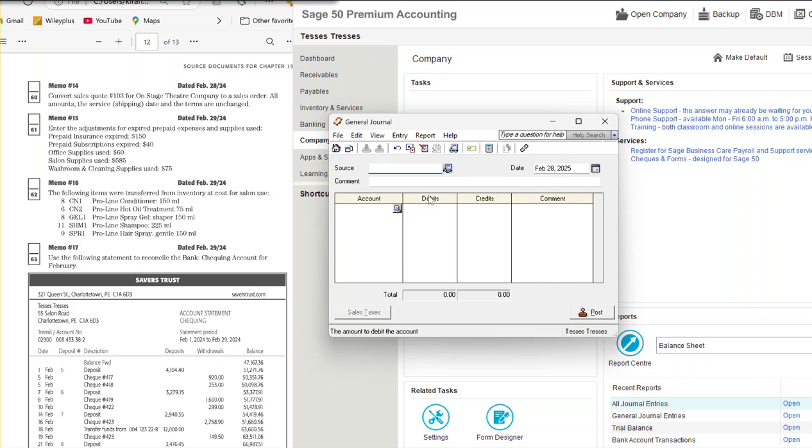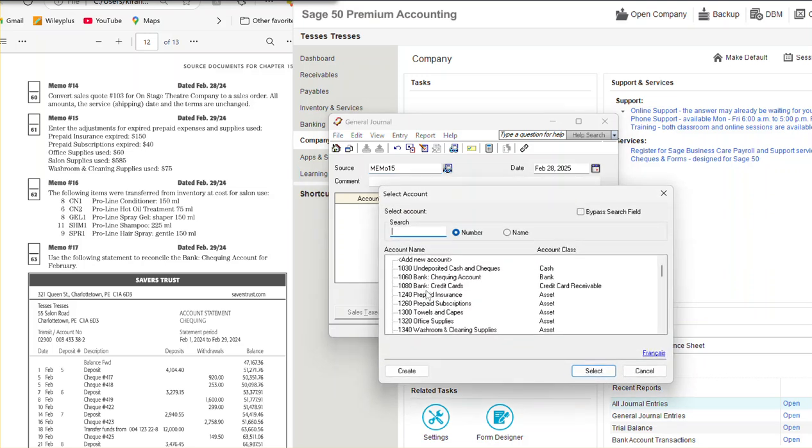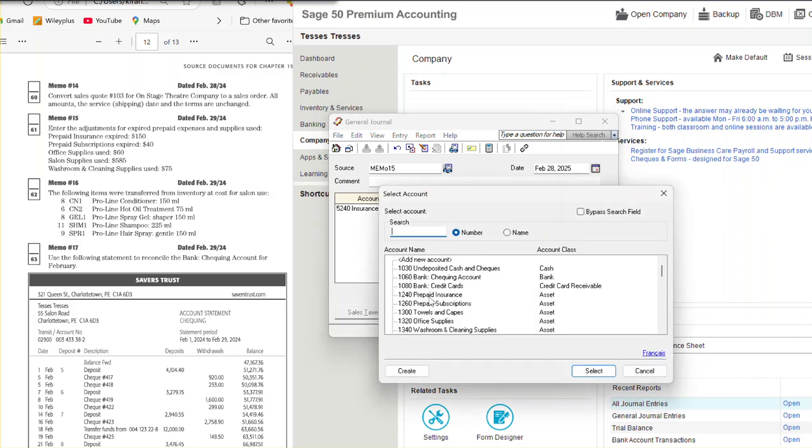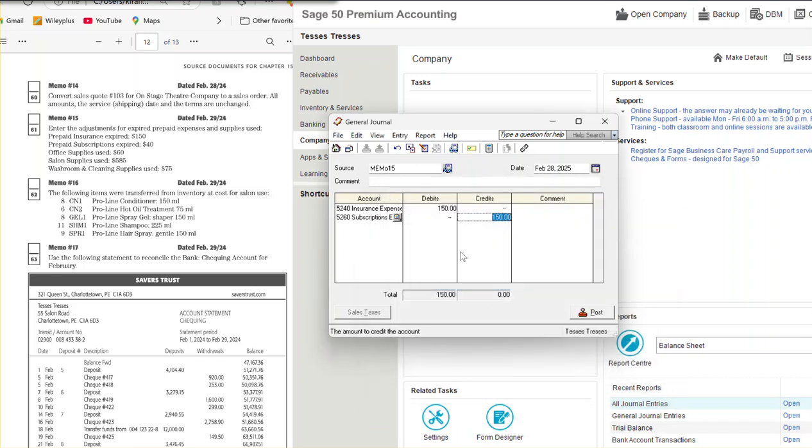It will be memo 15. It's on the 28th. I'm going to do it on the 28th because there's no 29th for me. So if you have a 29th, then you do it on the 29th. First one is my insurance expense for 150. I go to my next line. I have subscription expense, that will be my 40.